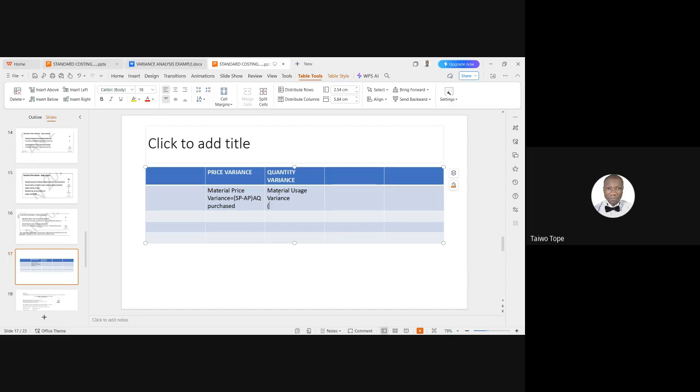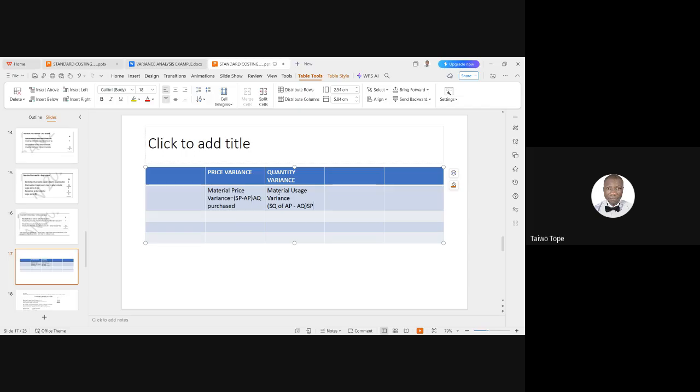And it will be what? It's the standard quantity of actual production minus actual quantity, multiplied by the standard price.